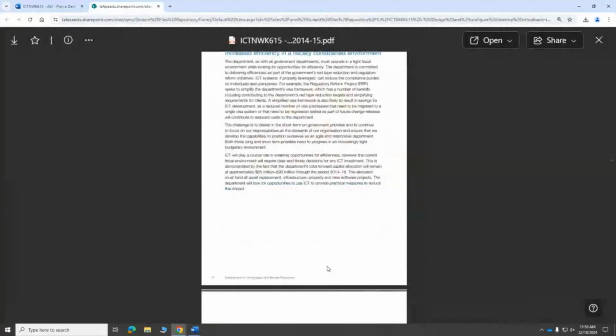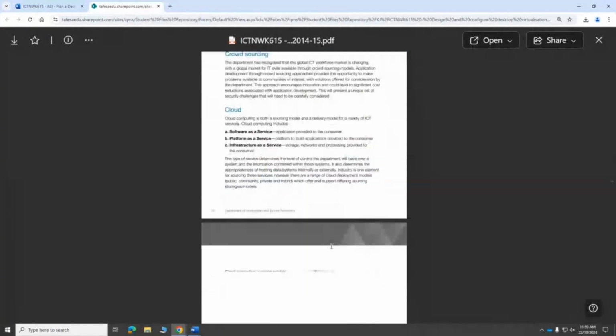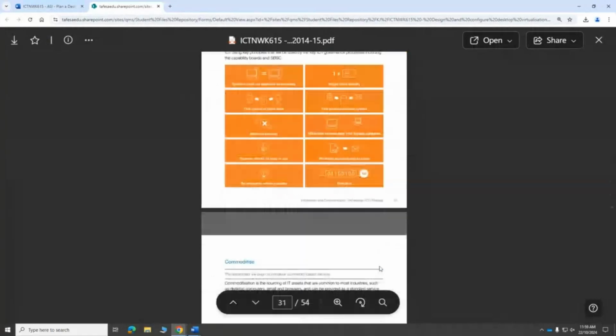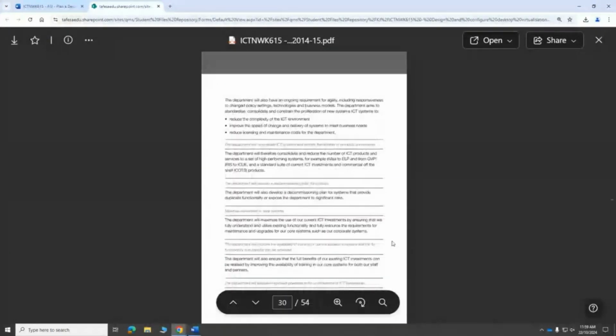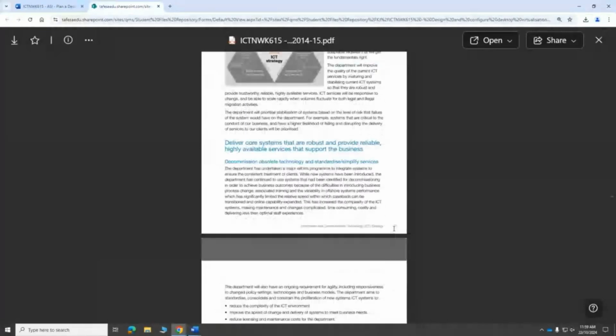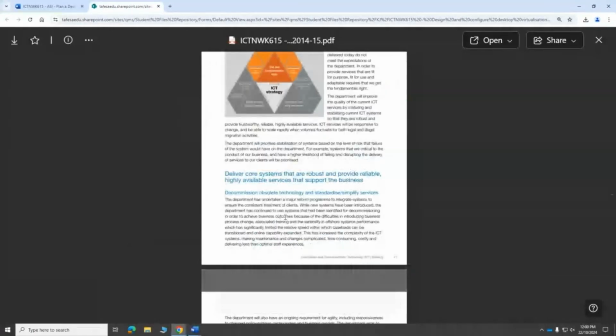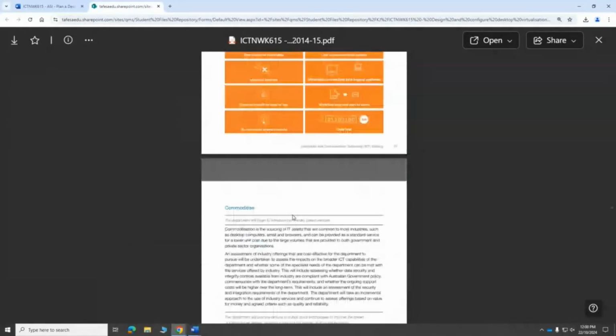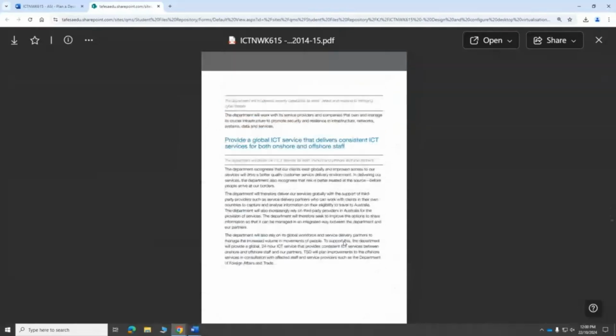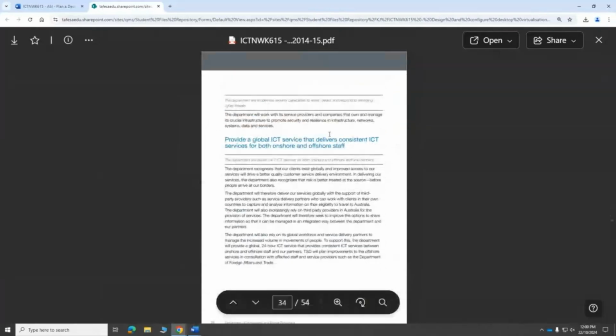Oh, that's not even 21, that's 13. It's actually 21 in the sense it's this 21 here, okay? Get the foundations right. So it's about looking at this and going to 26, which is here, just before this part. So read that.